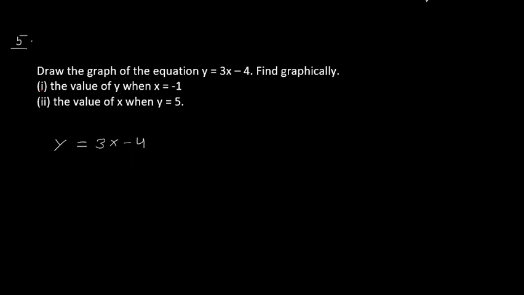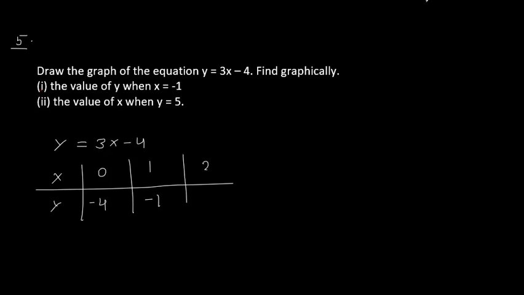Now to plot the graph, I will take a point x and y. Now when I take x is equal to 0, I get y equal to minus 4. When I take x is equal to 1, I will get y equal to 3 minus 4, which is minus 1. When I take x equal to 2, I will get y is equal to 6 minus 4. 6 minus 4 is 2.